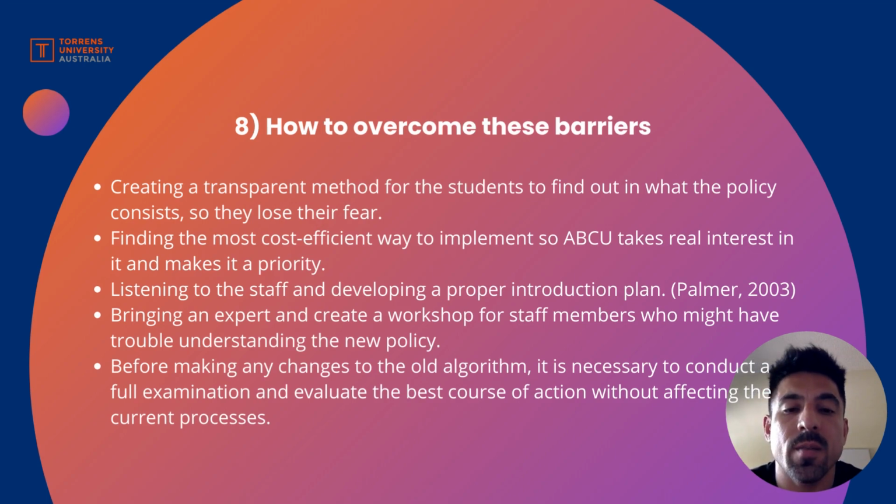Listening to the staff, as I said, it's hard for them to implement change. They might not be good with technology, so it's really important for them to understand why. Bringing experts to create workshops might also be an option. And before making any changes, it's really important to make a full examination to evaluate what's the best course of action.